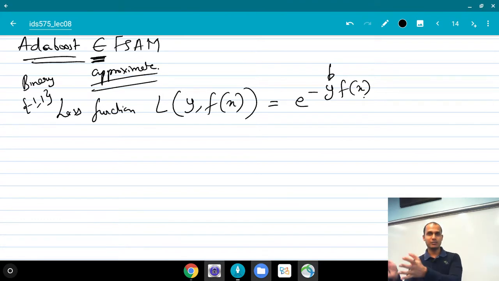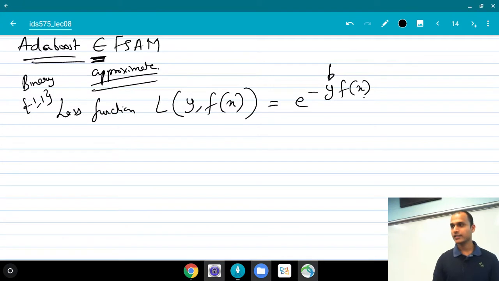Think of y as +1 and f as +1, then e to the power minus 1 is relatively small. But if y is +1 and f is -1, then the loss is e to the power 1, because 1 times -1. So every time I make a misclassification, I have an error of e to the power 1, and whenever I don't, I have an error of e to the power -1. Intuitively, that's why this is a loss function: it penalizes misclassification relative to correct classification.